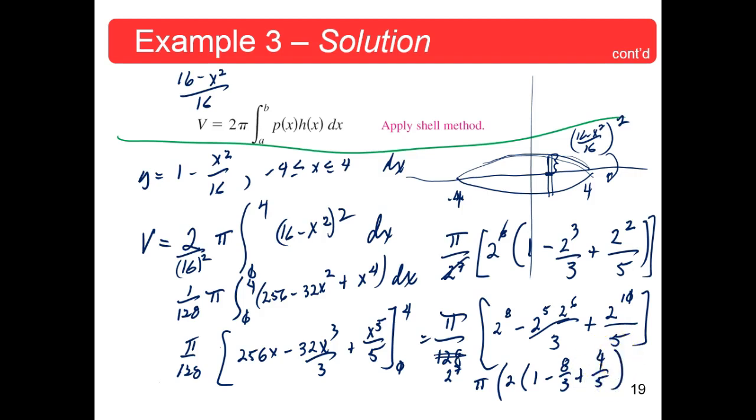I hope that's right. Least common denominator 15. So this will be pi times 2 times 15/15 minus 40/15 plus 12/15. I believe that's right too.